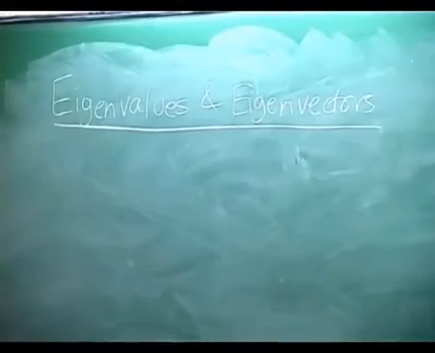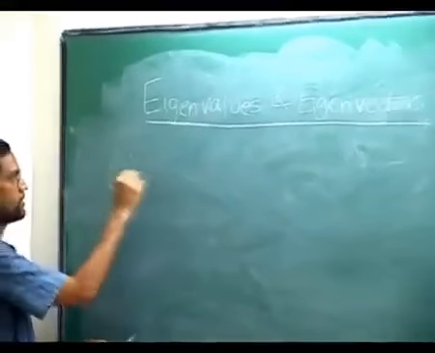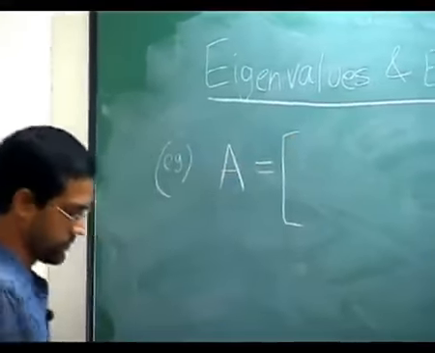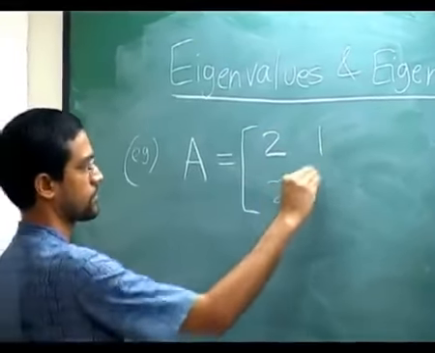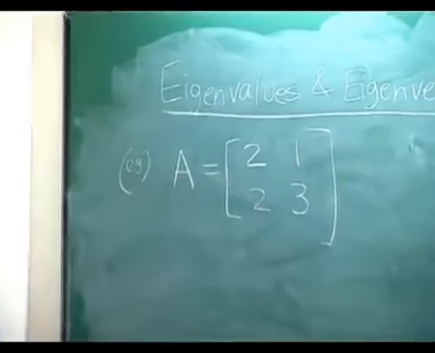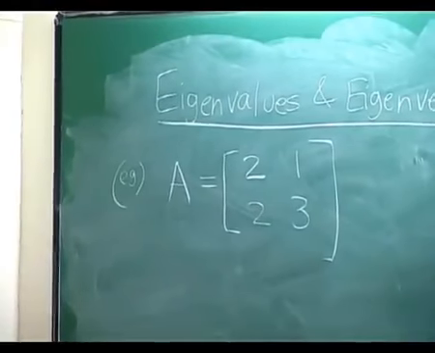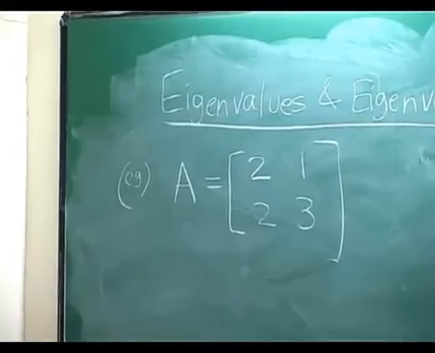I'll just start with an example, and maybe you can help me finish the computation. So suppose I have a 2 cross 2 matrix given by this, and I want to compute its eigenvalues and eigenvectors. Okay. So what do I do? How do I start doing this?